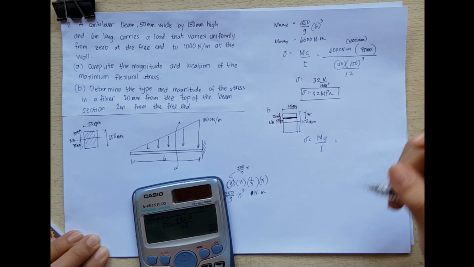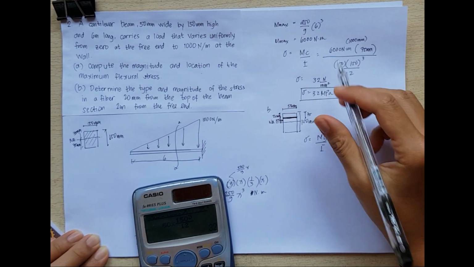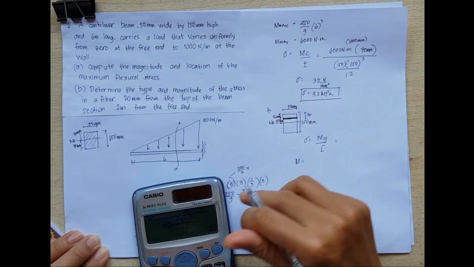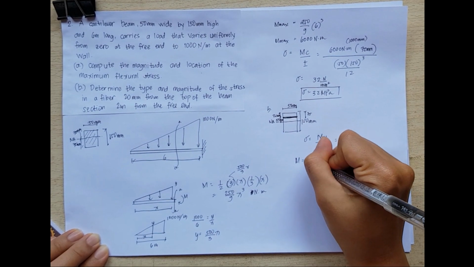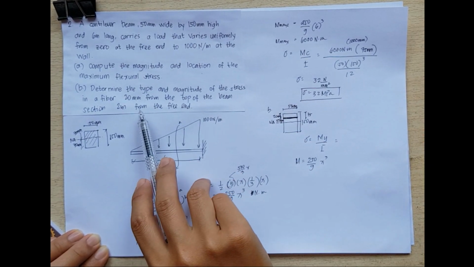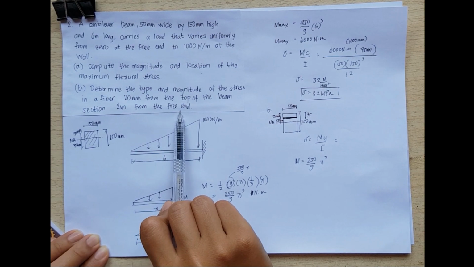So, for the moment, let's get it here. Let's say M is equal to our equation from earlier, 250 over 9 x cubed. We will get the moment 2 meters from the free end, somewhere here at 2 meters.